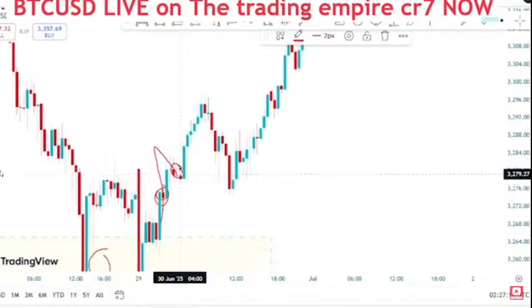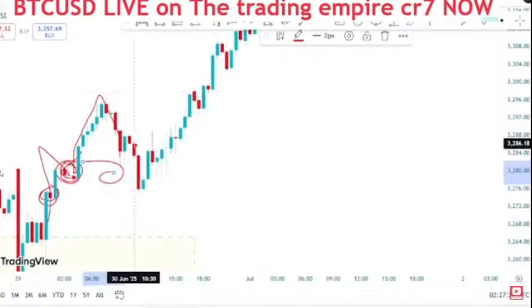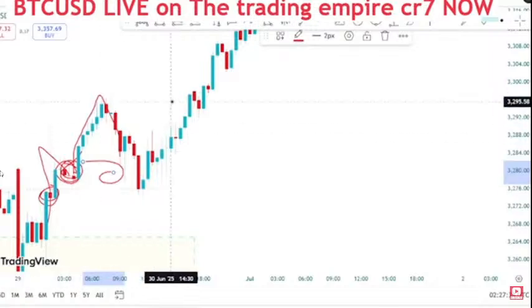As the market is moving up, we are waiting for the higher low. We took a trade from a retracement from this area, but this trade didn't work out. So then what happened? We had to wait from this area.